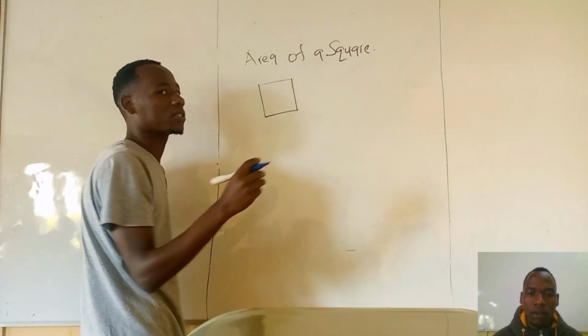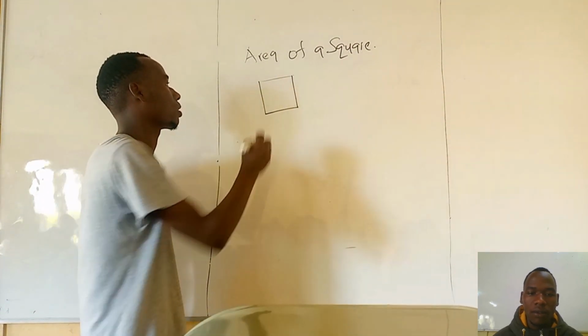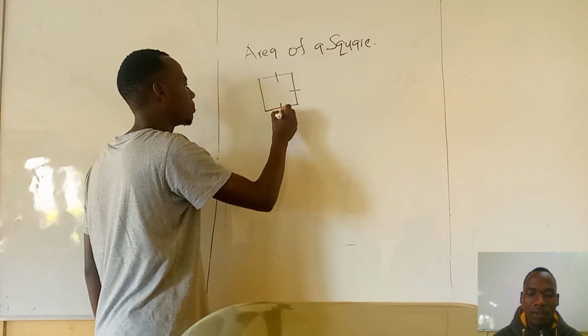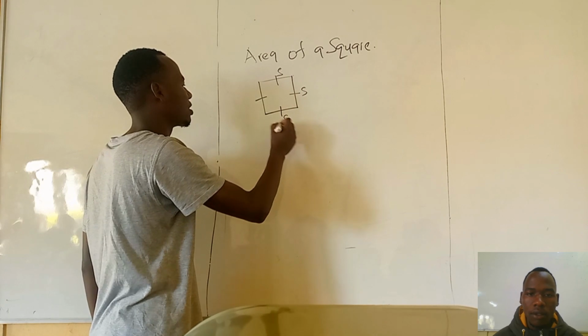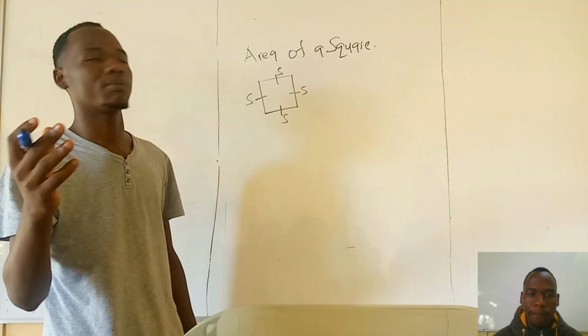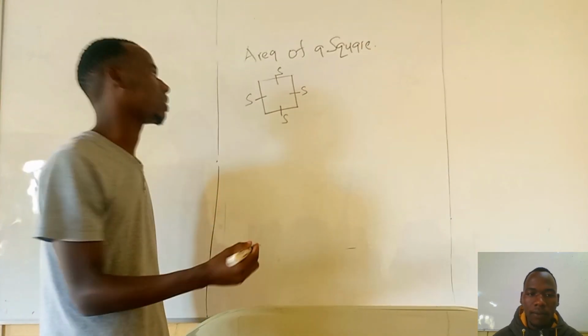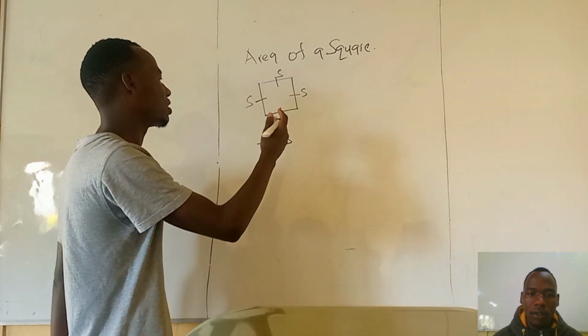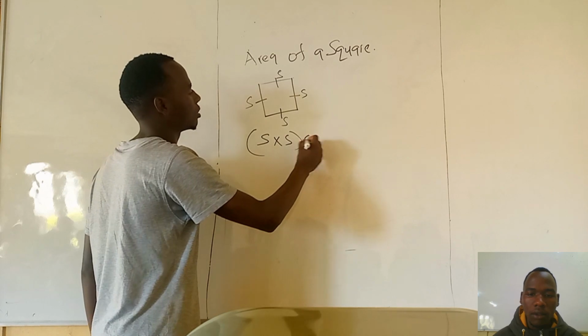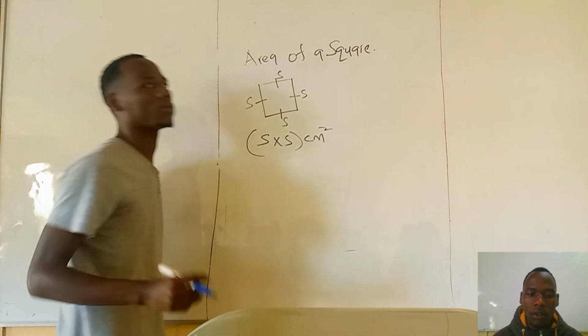So a square is a four-sided figure with all sides equal. Let's assume this is S, this is S, and this is S, this is S. So the area of a square is given by the product of its two sides, S times S. Given the units are centimeters, that will be the final unit.